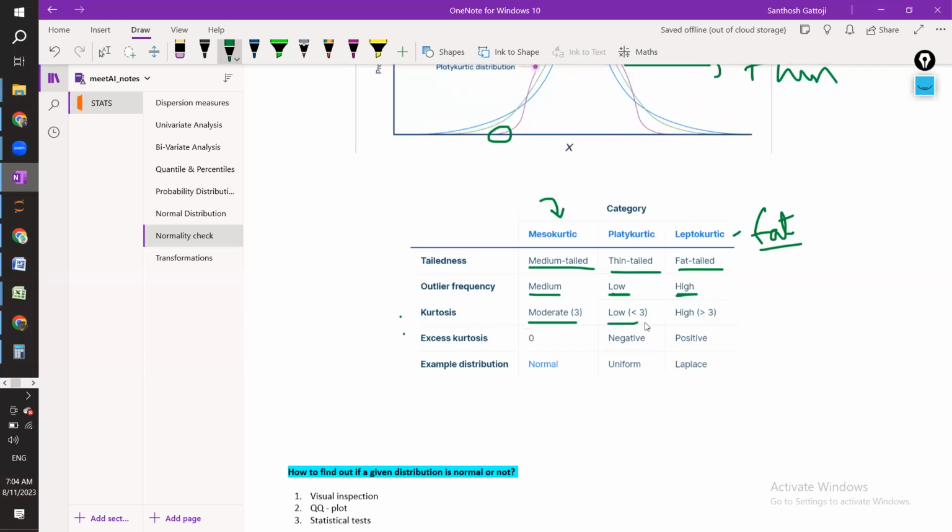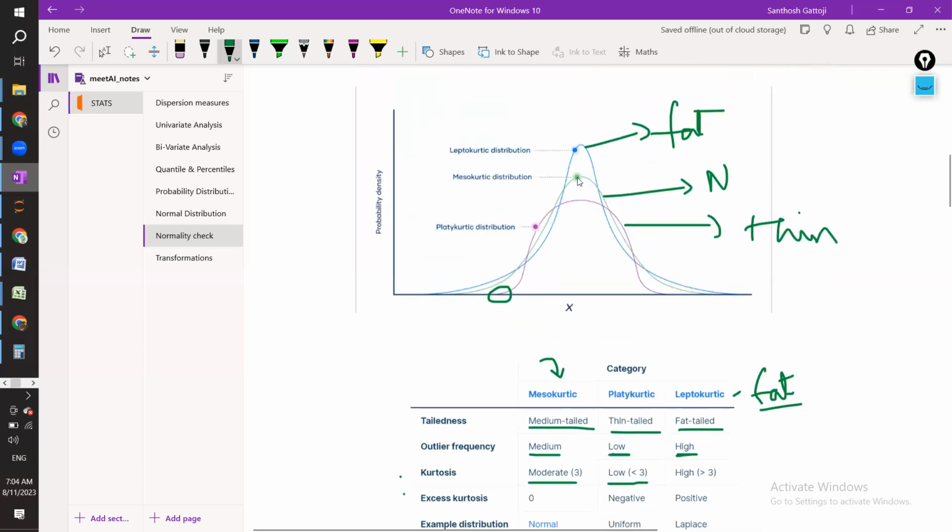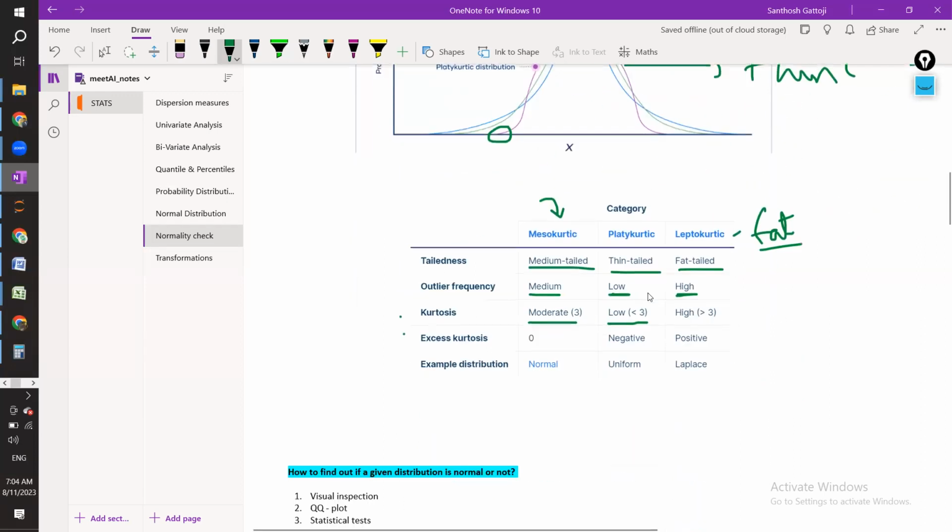Platy. So this is 3. If you see meso, it will be 3. If you go down, anything less than 3 will be platy, and greater than 3 will be lepto. Greater than 3 will be what? Lepto. That's why less than 3, greater than 3. That is kurtosis.